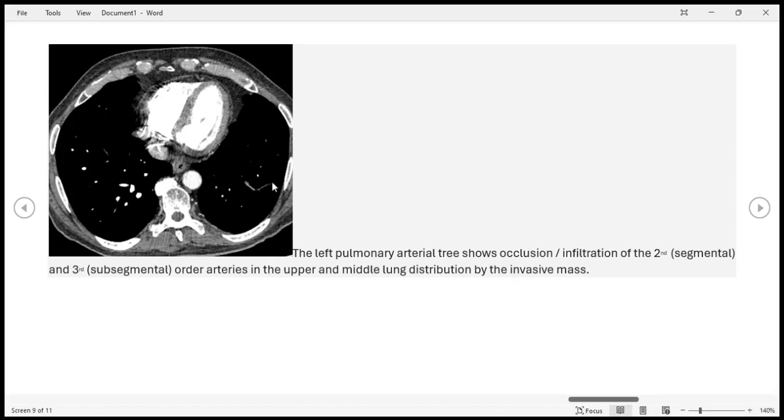Okay, so here, this is the middle third of the lung, and these vessels are within the middle third of the lung, so they are the third order branches or the subsegmental branches. And they are non-enhancing, indicating occlusion or infiltration by the invasive mass.